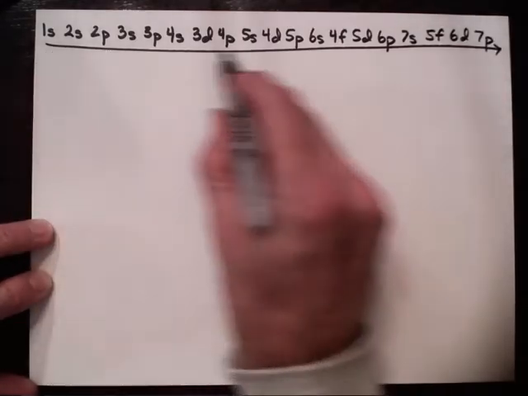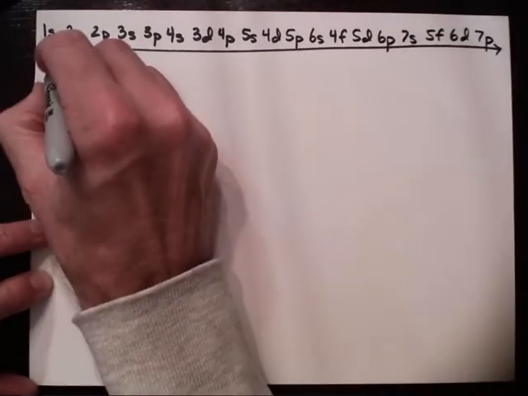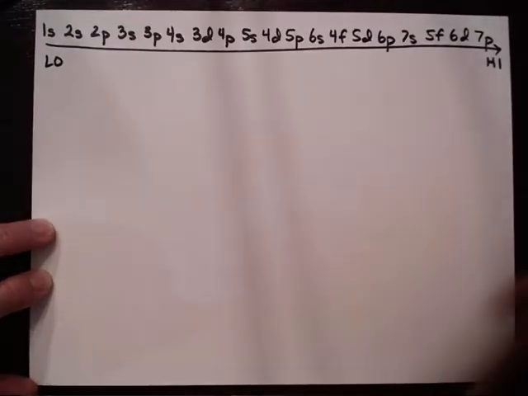These are the orbitals in order from low energy to high energy.